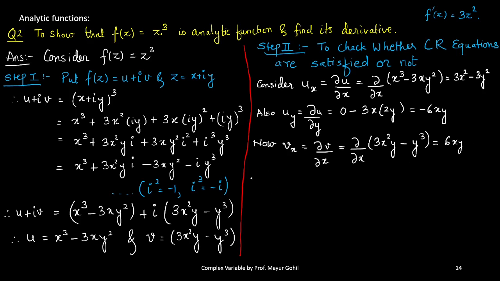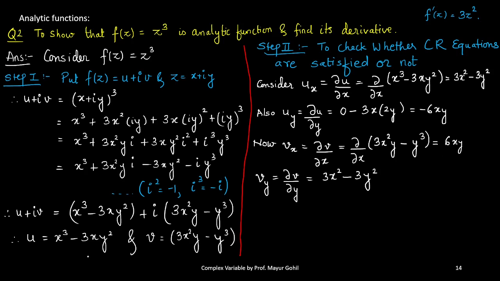We also calculate v suffix y, the partial derivative of v with respect to y. When we calculate this, it is 3x square minus 3y square. That is the partial derivative.